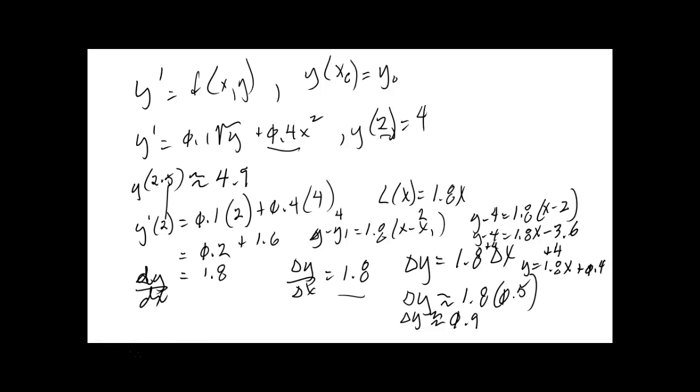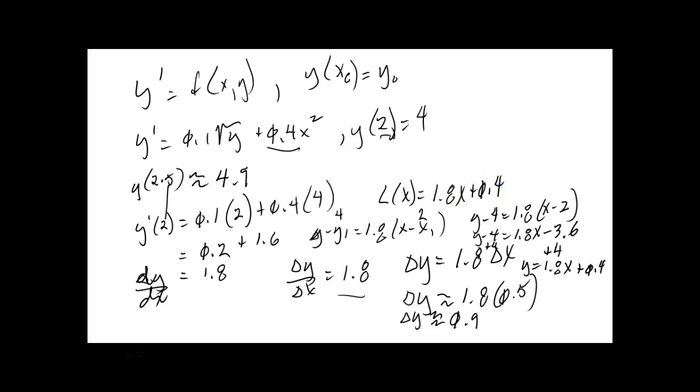Okay. Fine. Okay, good. They took that point and this slope and came up with a linear equation. Okay? And then what it becomes is y equal to 1.8x plus 0.4.